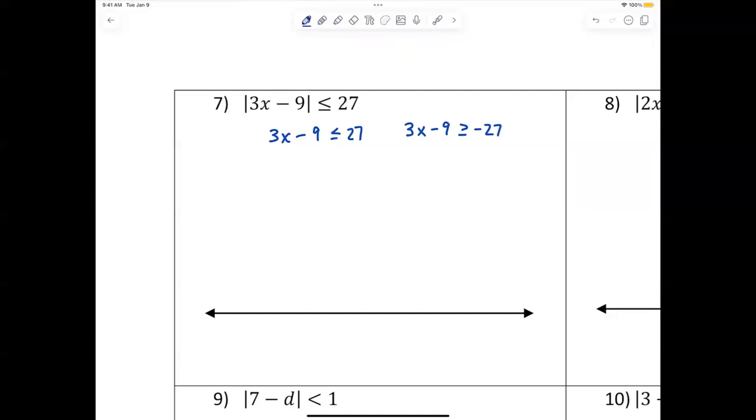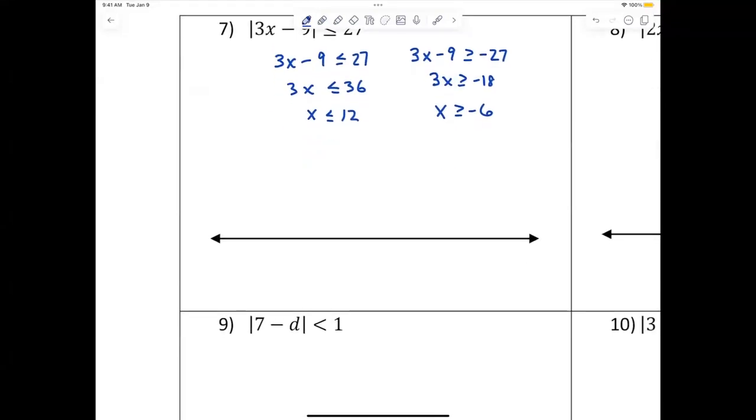Now everybody should be able to say, well, 27 plus 9 is what? 36. And so now x is less than or equal to what? 12. Add 9. Divide by 3. Everybody okay with that? And now we're graphing. Less than or equal to 12.